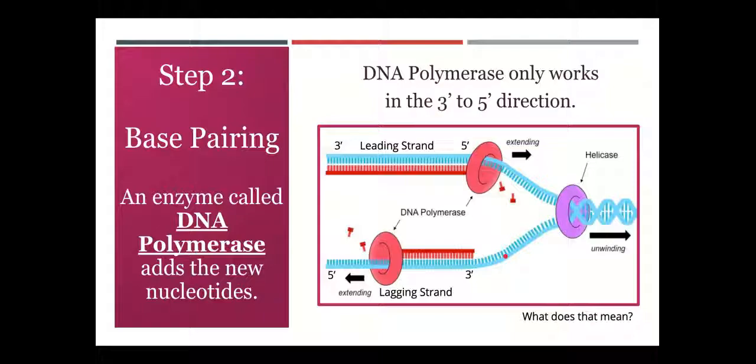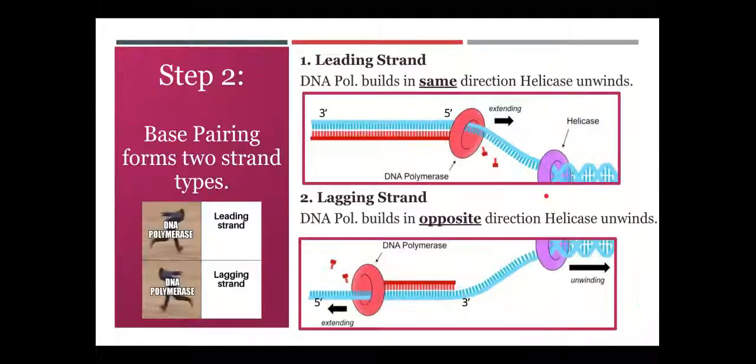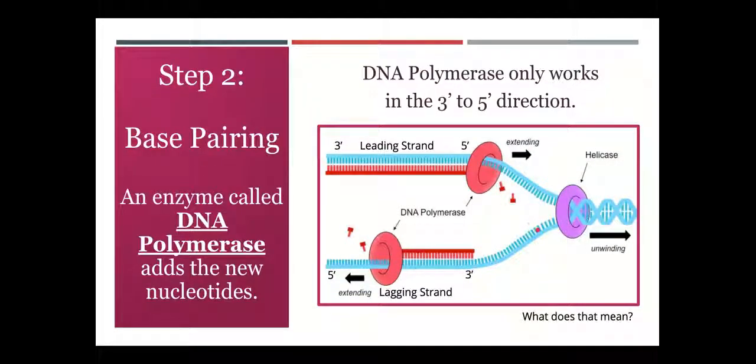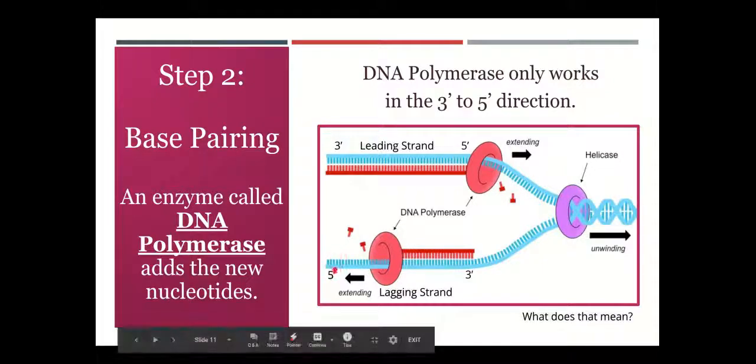This template strand, however, isn't so lucky. We know that because these 2 DNA strands used to be joined together, if this one runs in a 3' to 5' direction, this one has to run in the opposite direction, meaning it runs from a 3' over here to a 5' over here.